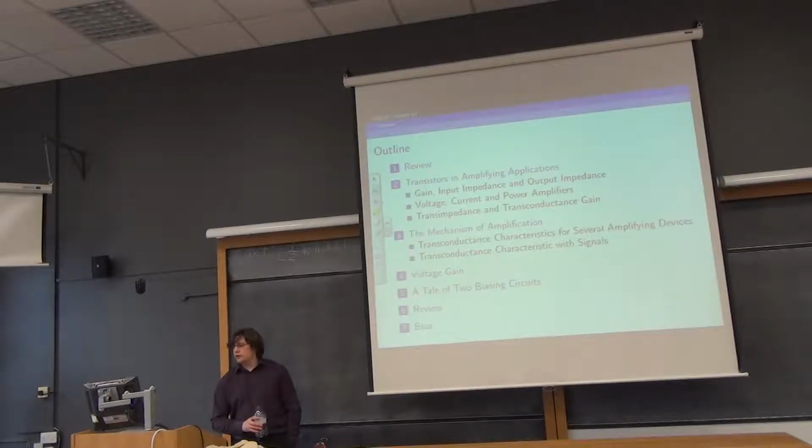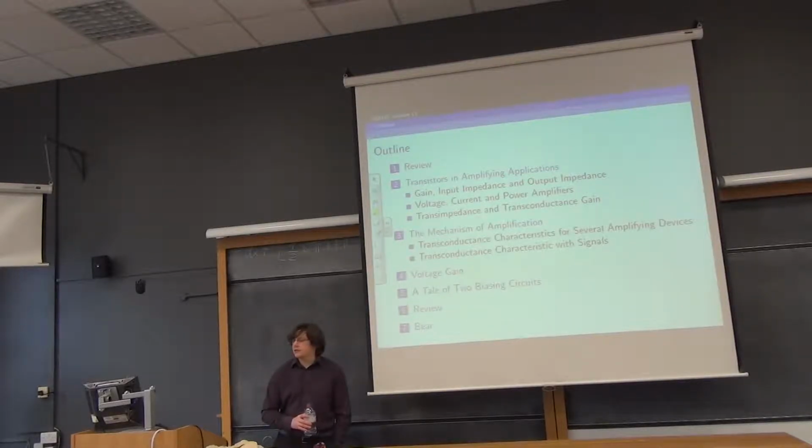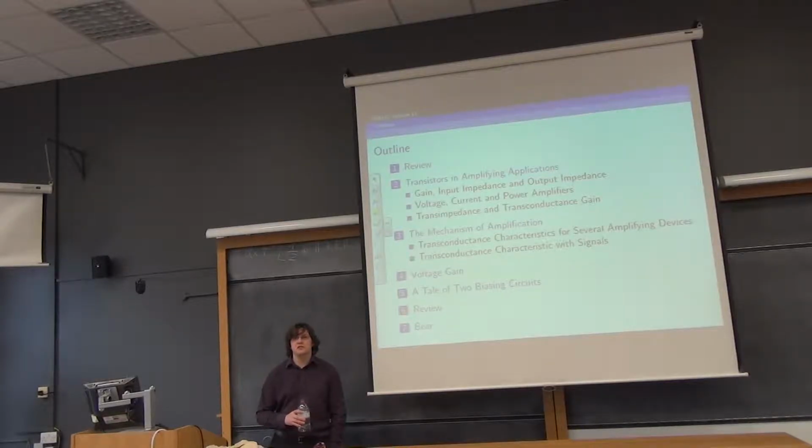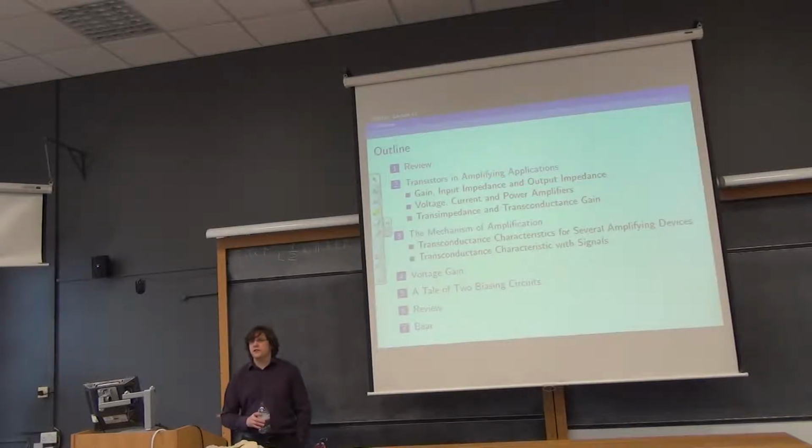And we will look at some characteristics with some signals. And then we will develop a method of deriving the voltage gain for a simple one transistor amplifier. And then we will make some deduction about how we can simplify the maths that we need to do. And once we've done that, we will look at a tale of two biasing circuits. But we'll only actually do one because we'll run out of time, so the other one will be next Monday.